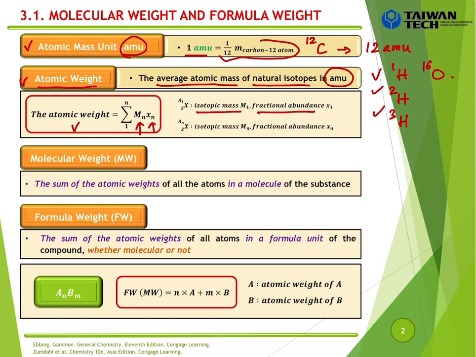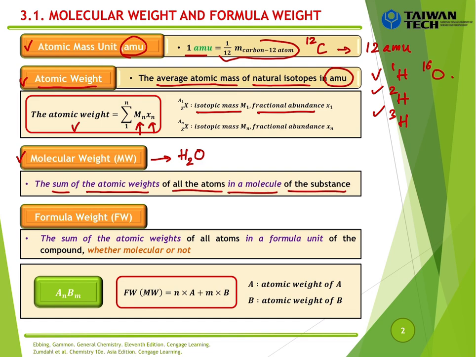And in this part, we consider the molecular weight. Molecular weight, we calculate for molecules or molecular substances. We may consider H2O, okay? That is the sum of the atomic weights of all the atoms in a molecule of the substance, okay?